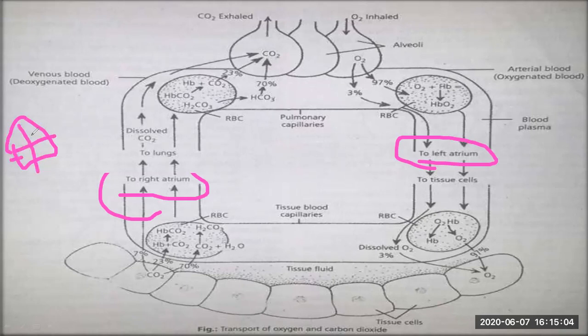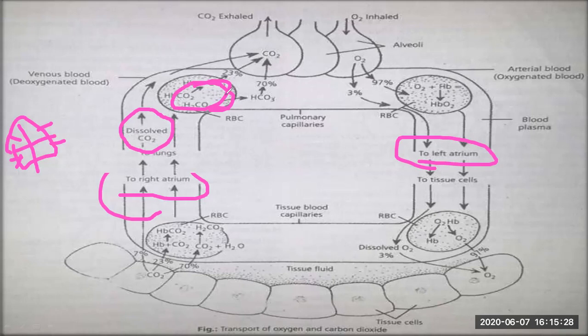This is called the right auricle, this is the right ventricle, and the left auricle and left ventricle. So we know very well about that. Here first of all they have given the RBC. This is the RBC cell present in the blood, and there is also the plasma. You know very well blood is made up of two components, blood plasma and RBC.